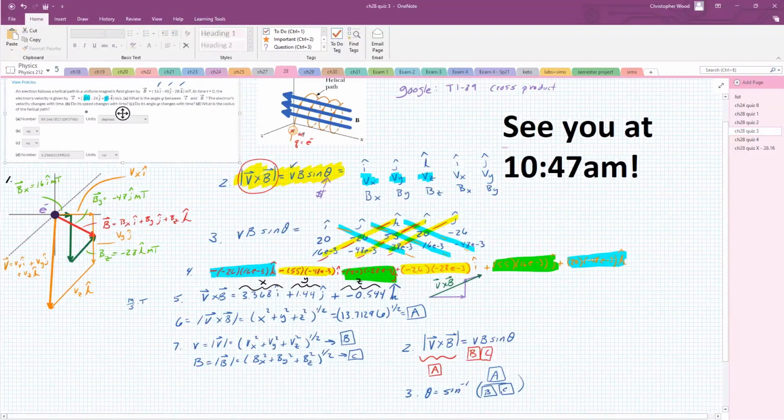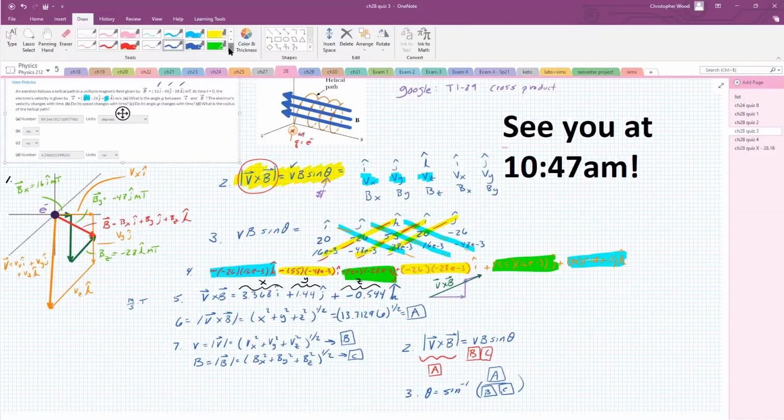Part B says, does its speed change with time? So just a little sidebar commentary. You can see, apparently the answer is no for B and no for C. And we would just have to explain why. So a little sidebar conversation for B and C. Thought-provoking conversation.